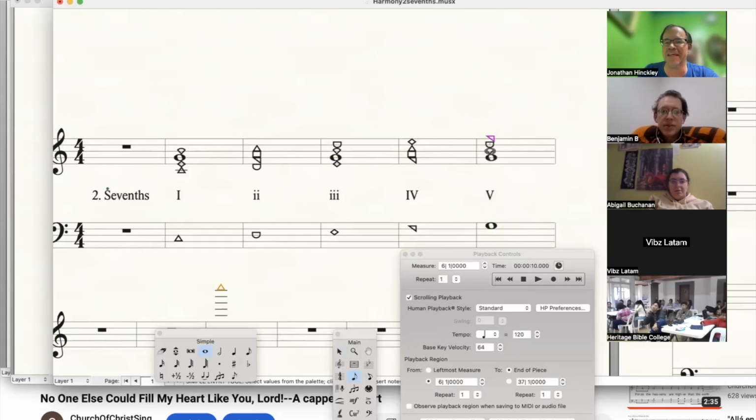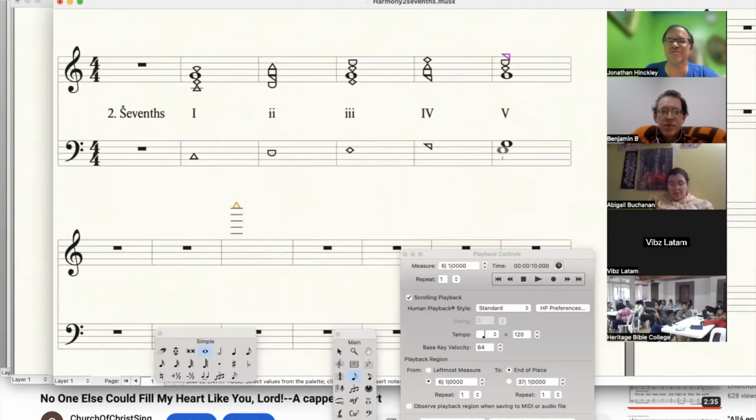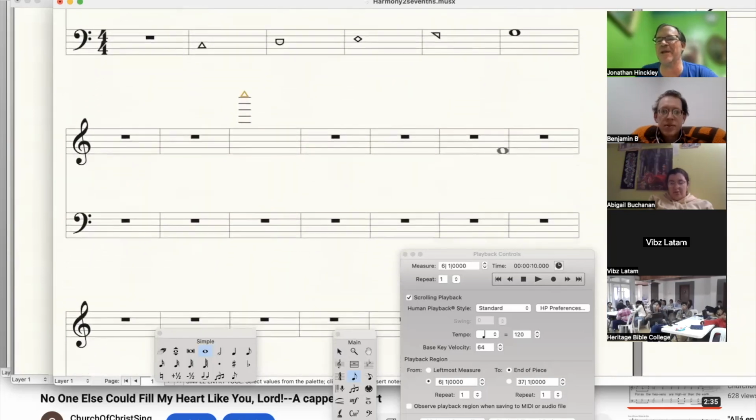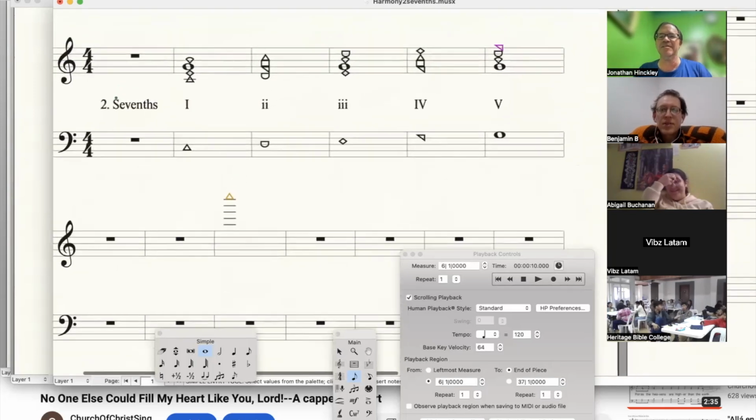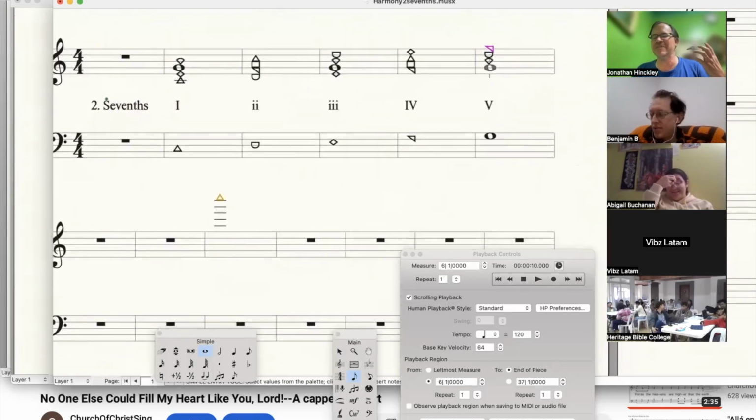Sol, Ti, Re, Fa. Sol, Ti, Re, Fa. Another way to remember it is to think of Do, Mi, Sol. Do you have Do, Mi, Sol memorized? Okay. So get to the point where every time you say the 5, that's Sol, Ti, Re, Fa.